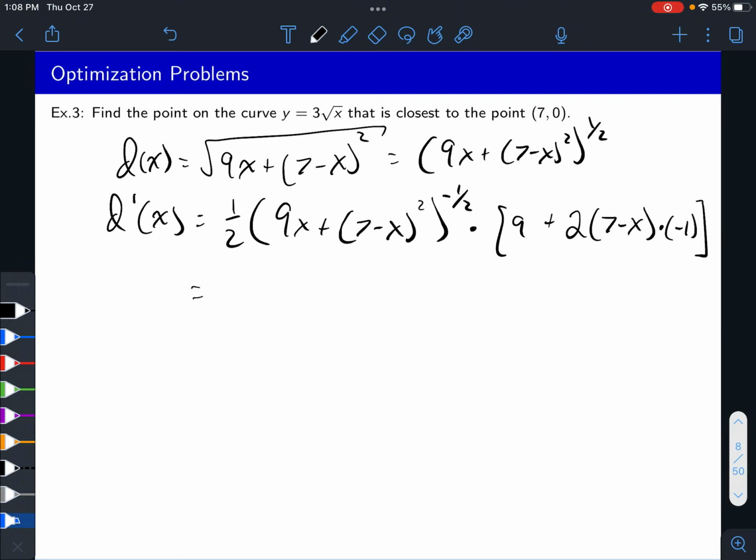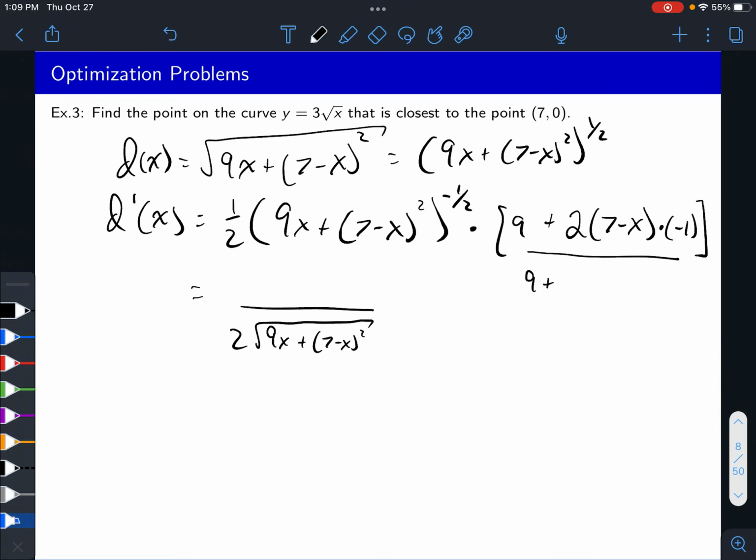And now let's maybe try to clean this up a little bit. So I'm going to bring that 9x plus 7 minus x squared to our denominator. And what about for our numerator? So this will be our new numerator, right?